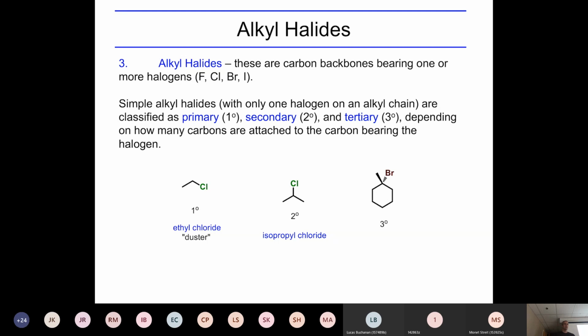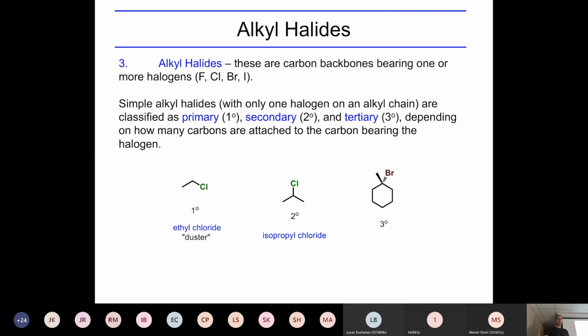Alkyl halides. So this is looking at now carbon backbones with something else attached. We'll be dealing a lot in this course with alkyl halides. Alkyl halides are carbon backbones with a halogen on there somewhere. Halogens are anything in column 17 of the periodic table.